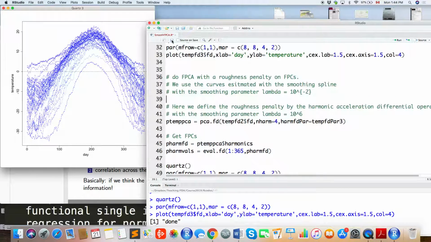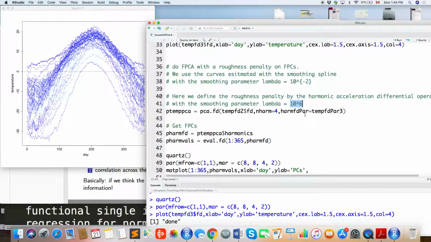Because the curves are very rough, here we want to put a larger smoothing parameter, 10 to 6, just to make sure the FPCA is smooth enough. You can try different values of the smoothing parameter. Here I just chose 10 to 6.